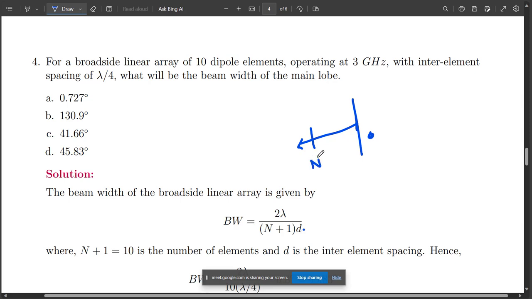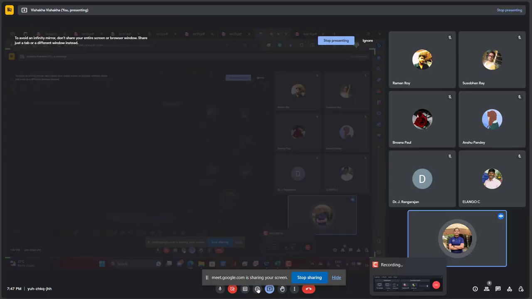N, right? However, in many books we find that n equal to number of antennas is taken as n, so the formula may be somewhat different. By referring to some book, you find that instead of n plus 1, the formula may be given as n.